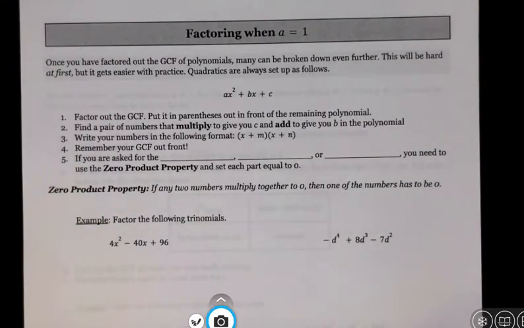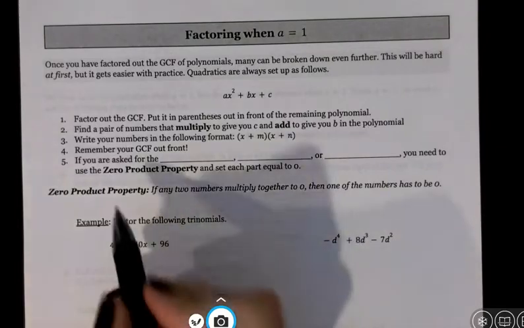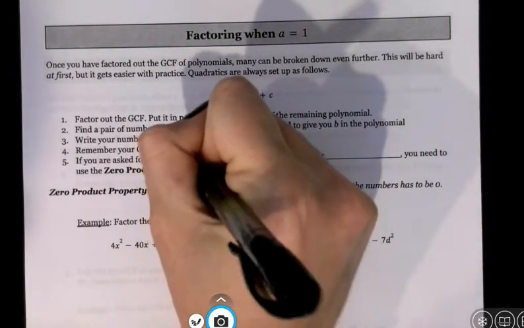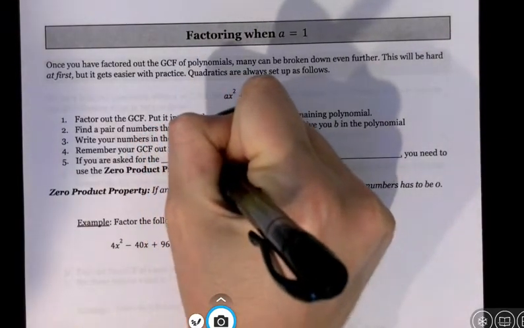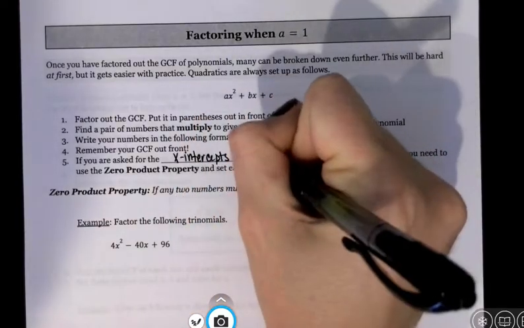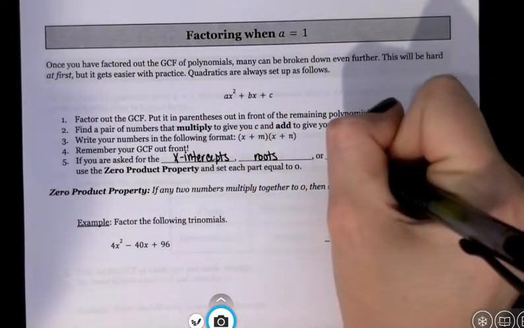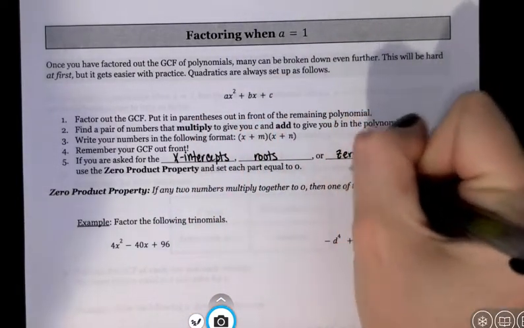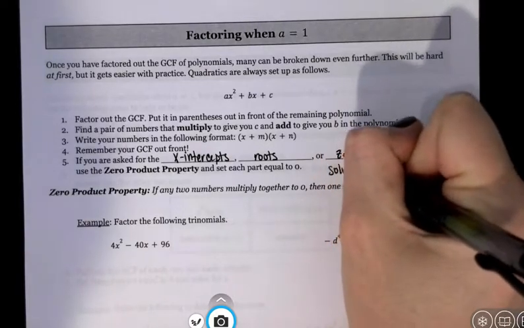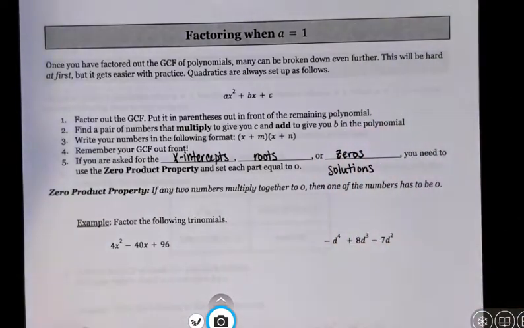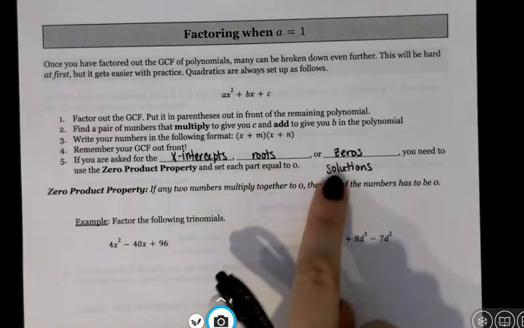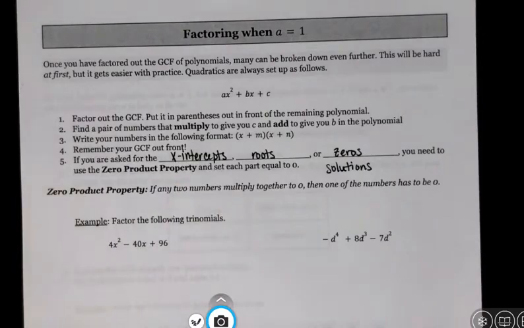We want to make sure that we're paying attention to the directions, because if you are asked for the x-intercepts or the roots or the zeros, or solutions, then you're going to use the zero product property and set each part equal to 0 and actually solve for those x-intercepts. These are all interchangeable, so I could ask for any of those. They all mean x-intercepts.